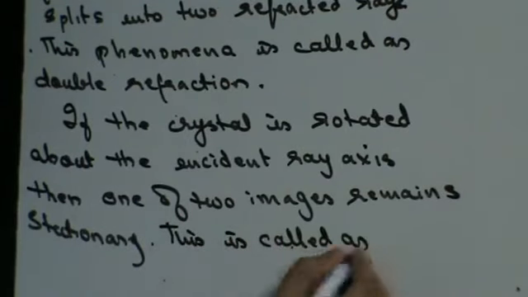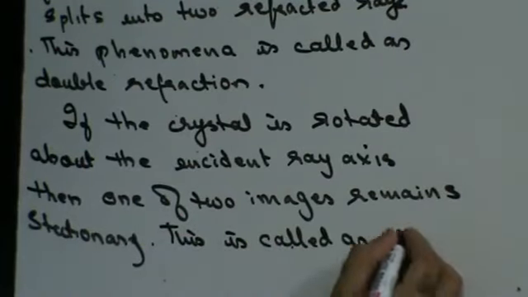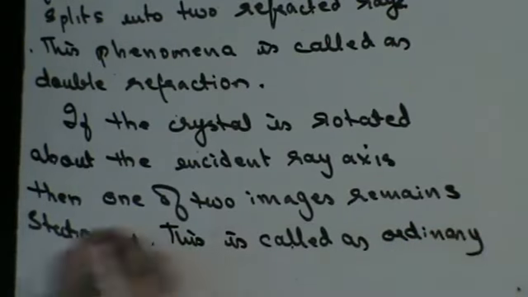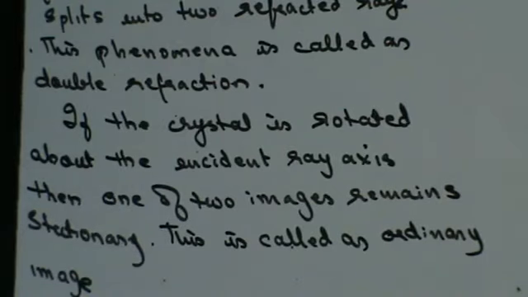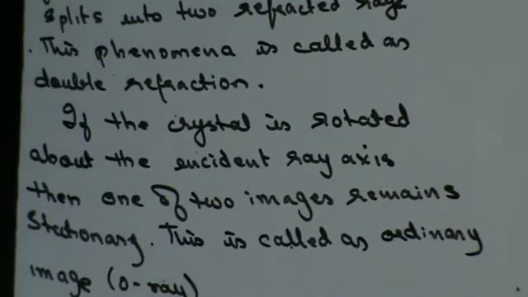So as I rotate the crystal, one of the images will remain stationary, and that is called the ordinary image, which is produced by the O ray.